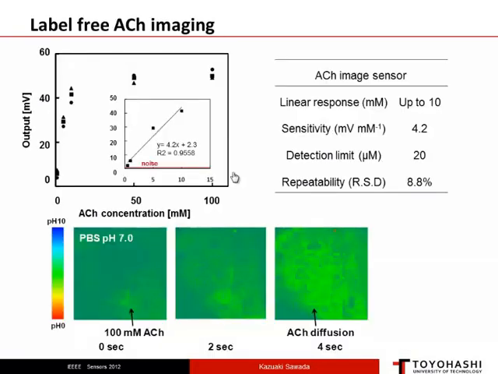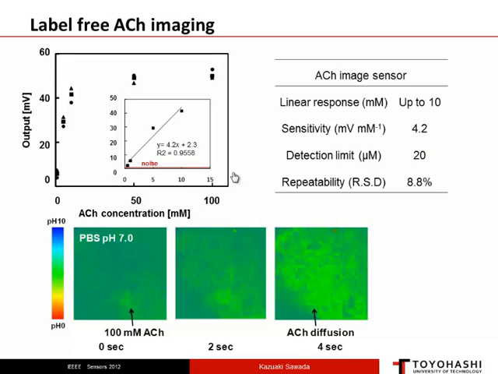This is the experimental result of the real-time imaging of acetylcholine. 100 millimolar acetylcholine is dropped on these areas, and then the acetylcholine diffuses across the whole area. So we can catch the acetylcholine diffusion directly without label. The minimum sensitivity of the acetylcholine image sensor is 20 micromolar.